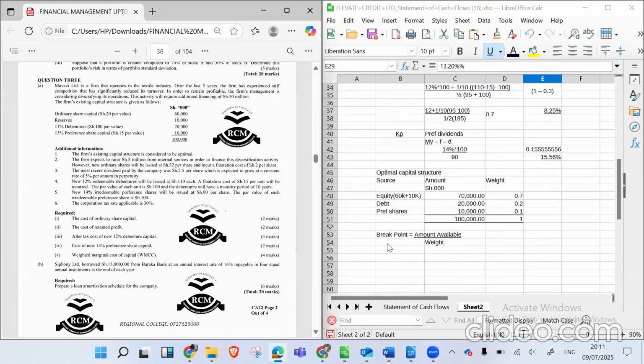So in my breakpoint for the retained earnings, the amount available, as you can see in note number 2, is 5 million. And what is the weight of equity in our optimal capital structure? 0.7. So therefore, we have 5 million divided by 0.7.